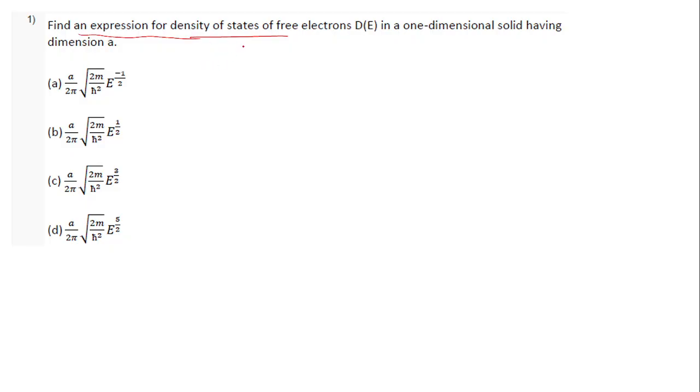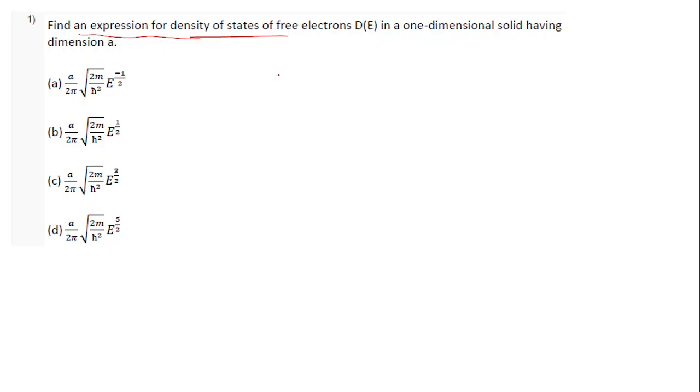Density of states is the number of levels available for electrons or particles to occupy per unit energy. And density of states for 1D, we don't need to derive now. We had discussed it, and we had seen how density of states depends on dimension.